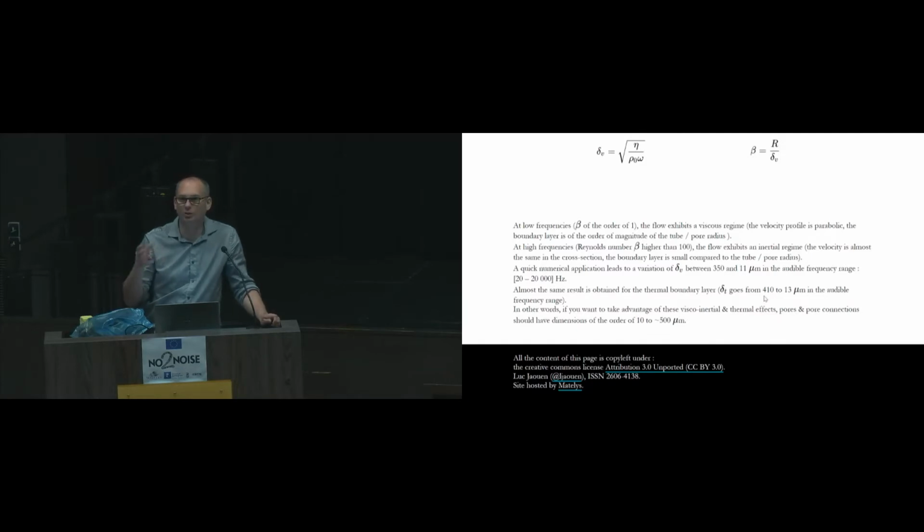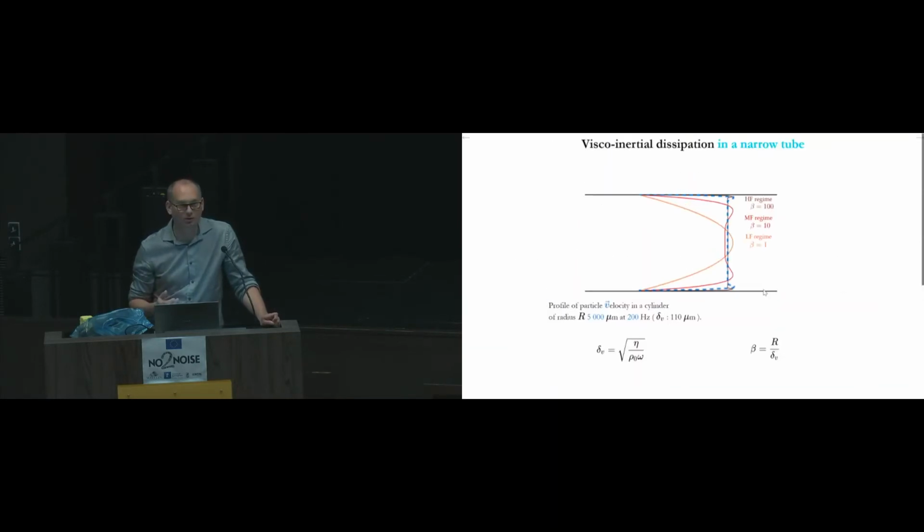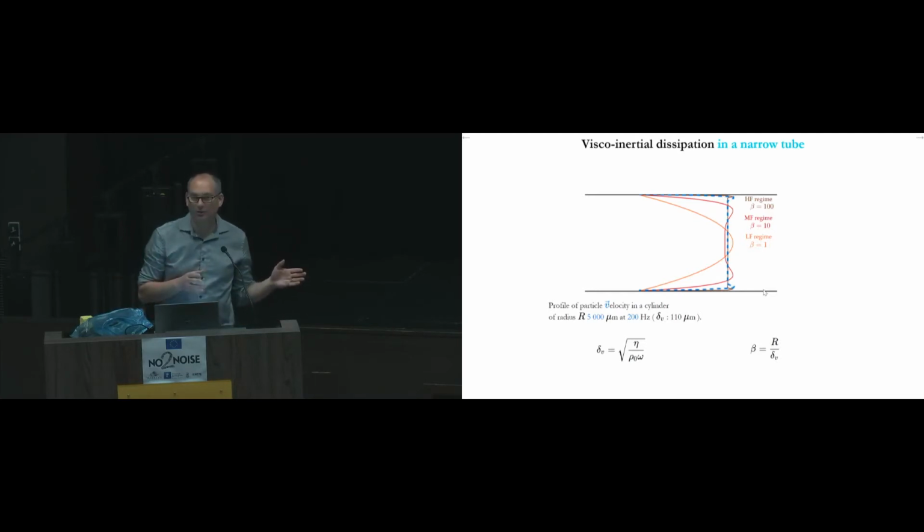This is when you want dissipation in the audible frequency range, 20 Hz to 20 kilohertz. So if you want dissipation in porous materials, you need pores with radius of almost 10 micrometers to 500 micrometers. There is no way you will get dissipation using visco-inertial effect or thermal effect with smaller pores.